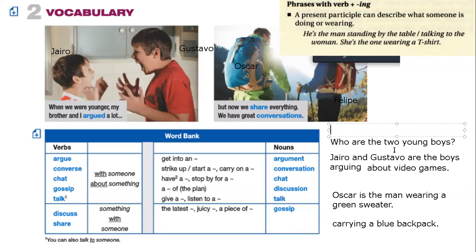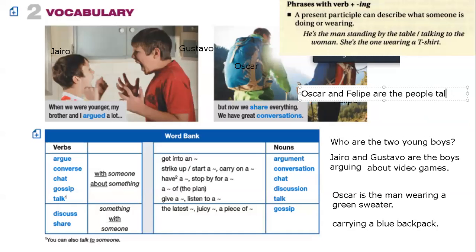Oscar and Felipe are the people talking about hiking.